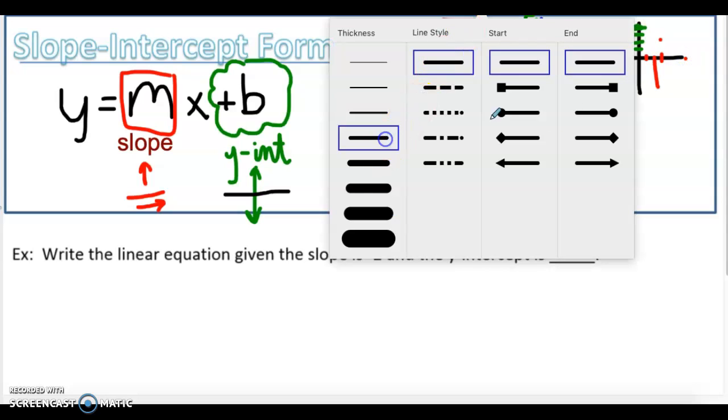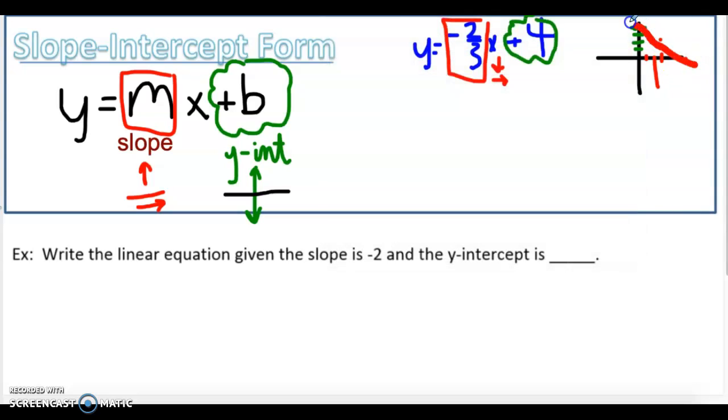And then of course we need to make our line, and we need to put arrows on it. So if something's in slope-intercept form, it's really handy because we can identify what the slope is and what the graph is going to look like, because I'm going to know where to start that slope from identifying the y-intercept.